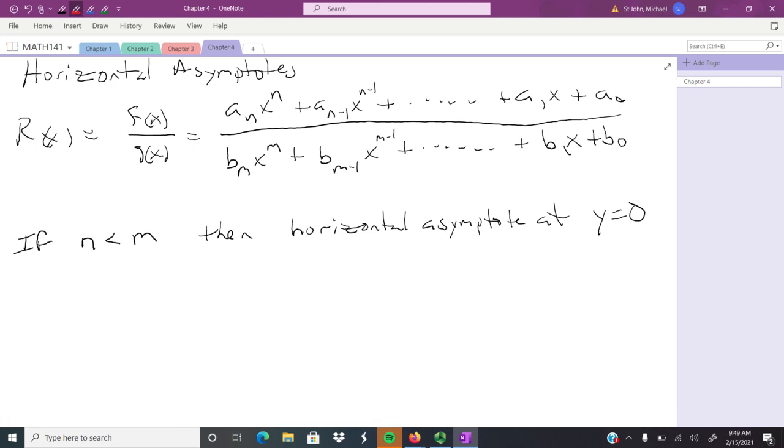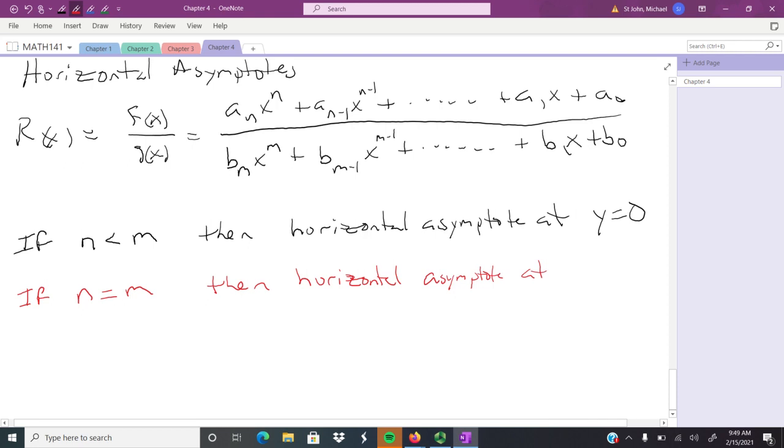Second case, if n equals m, then we have a horizontal asymptote at y equals a sub n over b sub m.